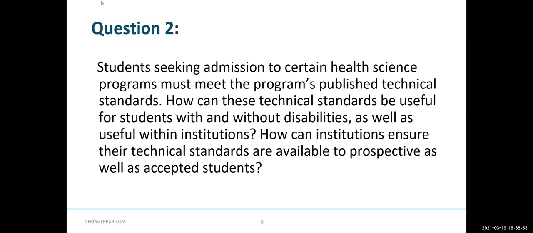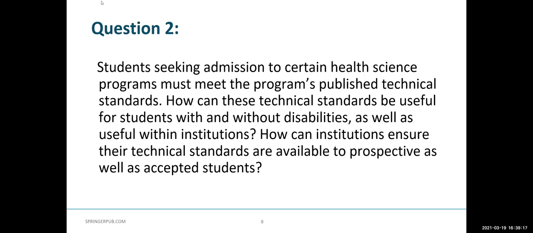Hi. So I am from U Sciences, and we asked Dr. Meeks to come in and do a consultation with us. She did a presentation on tech standards, and after that presentation, the deans of our 3 different schools came to me and asked if I could help them streamline their tech standards.